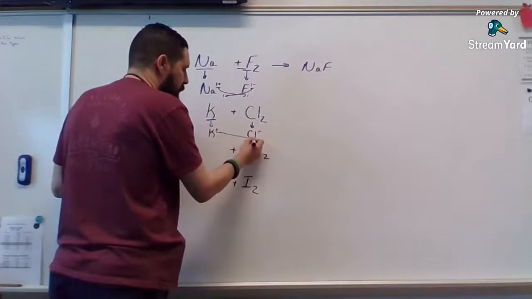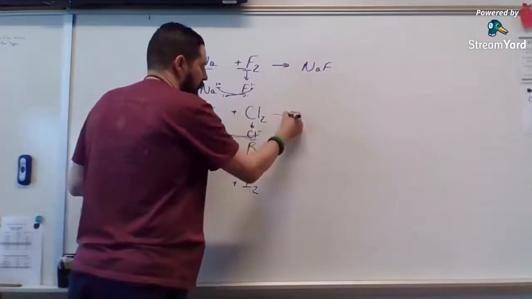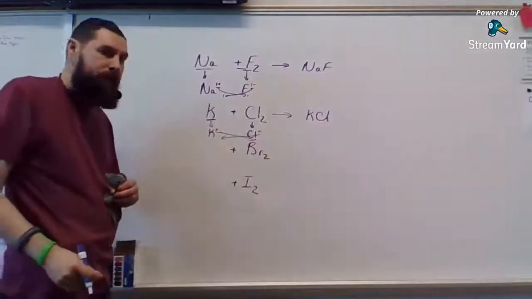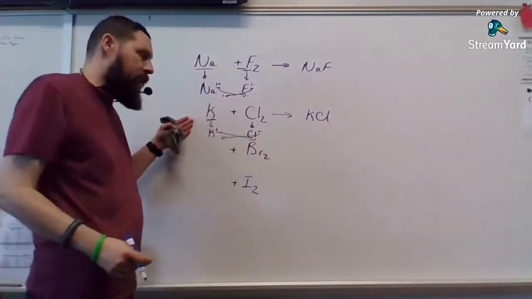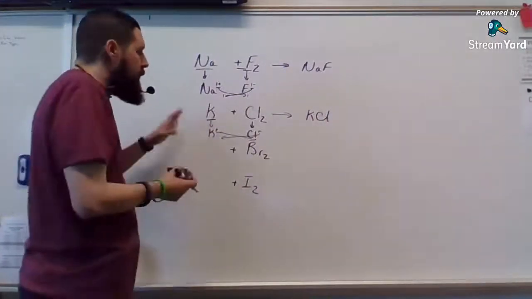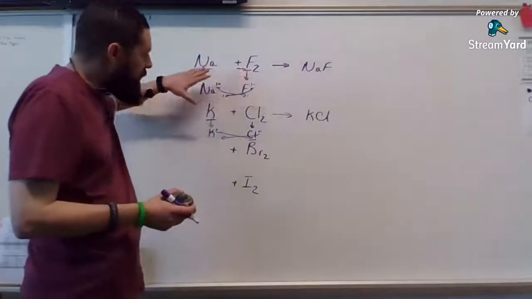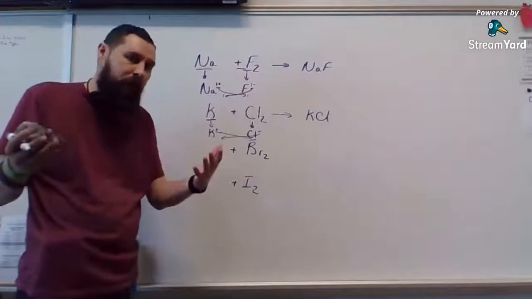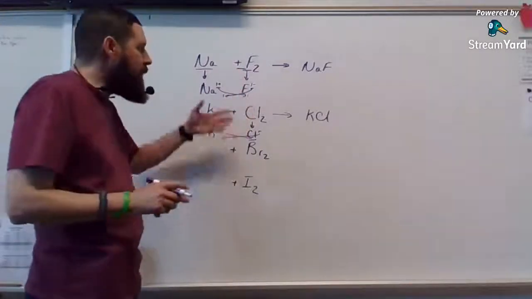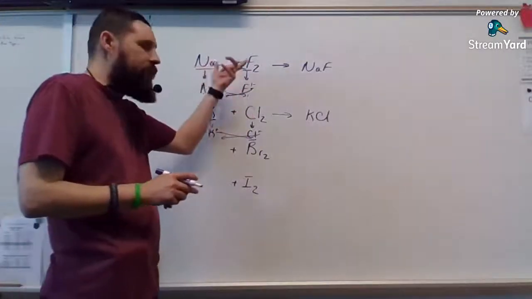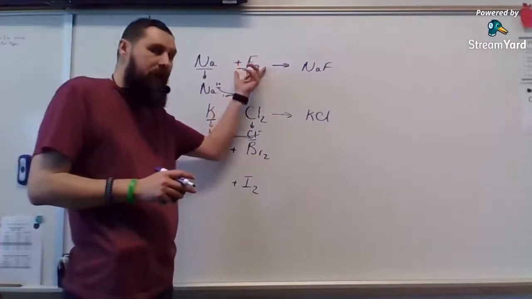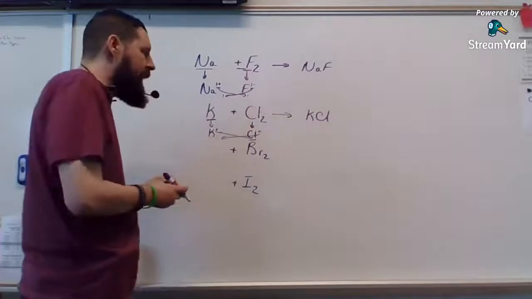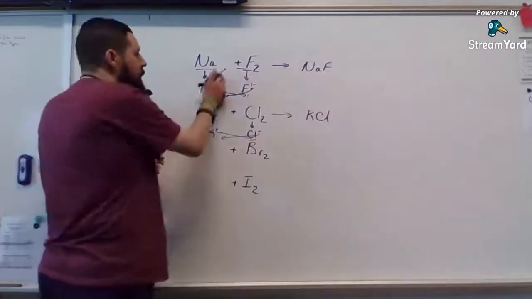And when I cross down, I'm going to get KCl. So this is with group 1 metals. You pretty much just, as always, look at what those charges are, which are going to be 1s, and cross them down. So really it's the symbol of the metal plus the symbol of the nonmetal. You just drop that 2 off of that nonmetal halogen.